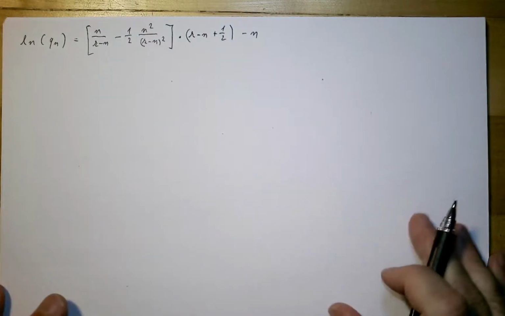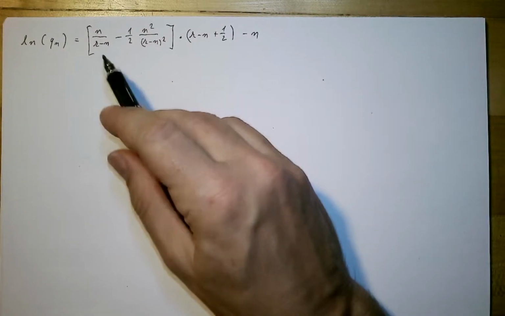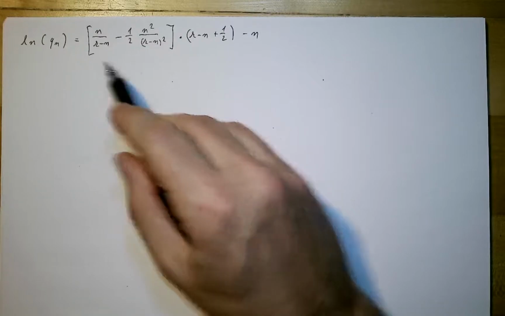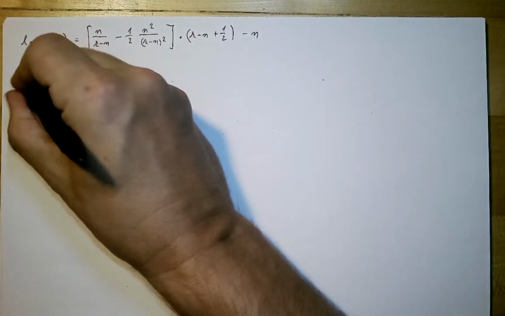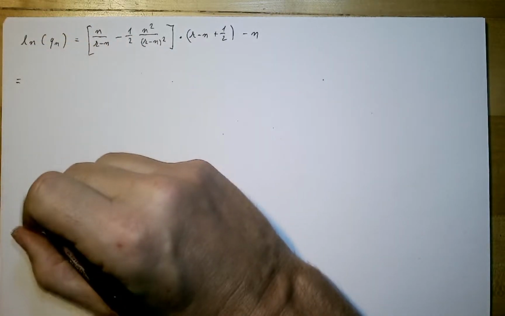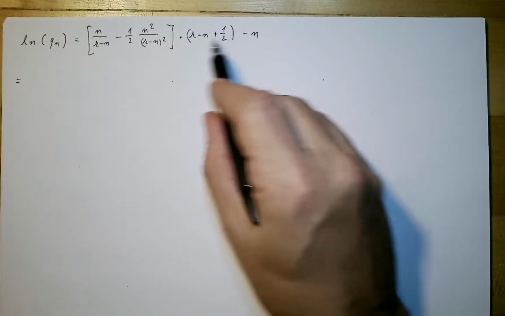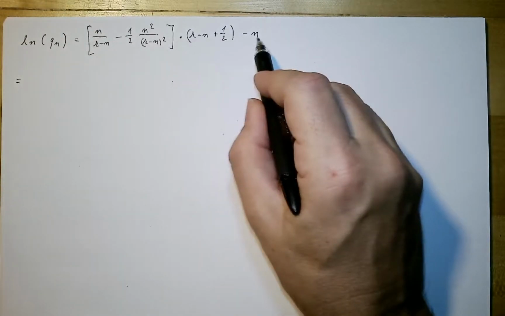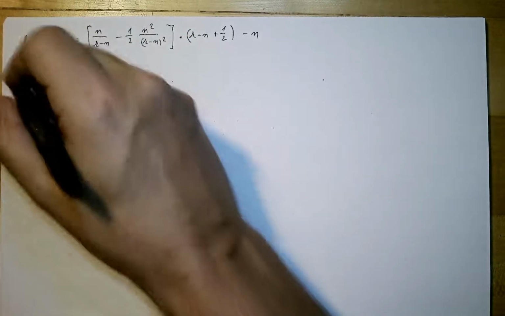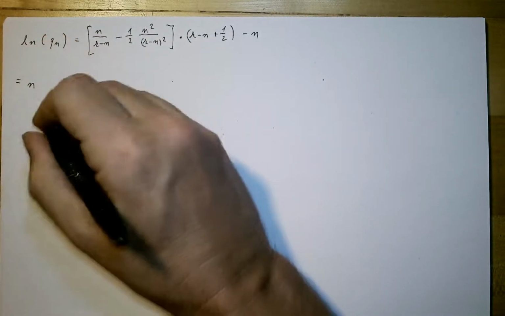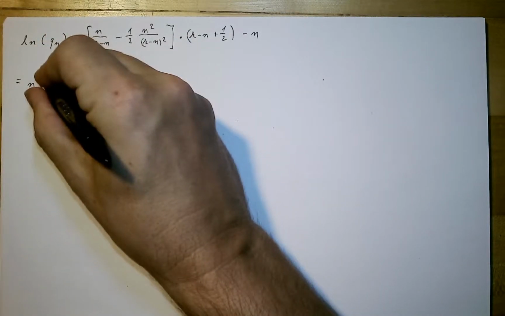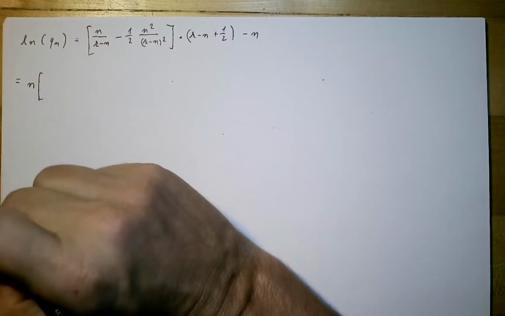So, and now we have here terms, and we can now try to factorize things. So, for example, first we have here this subtraction of things, so we take a factor n out of everything. So this is n times something.